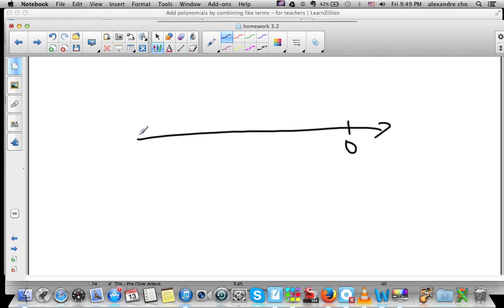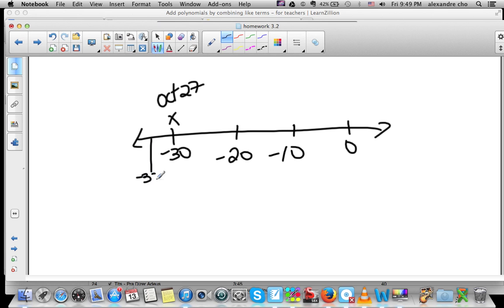Here's 0. Let's make that negative 10, negative 20, and negative 30. So October 27, he spent this much right here, and I'll write October 27. And then October 21st, he spent a little bit more, negative $32 right here.